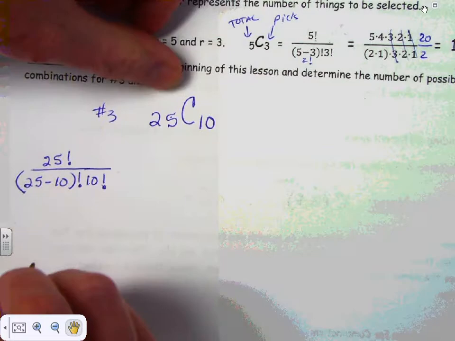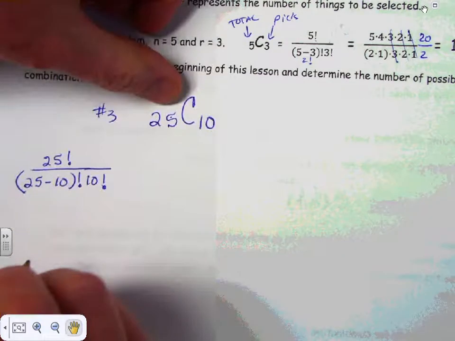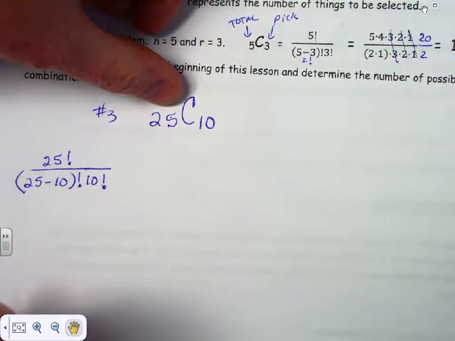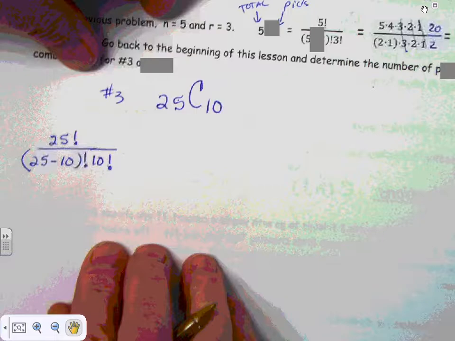Now, the C for the combination is a more complicated formula. Just remember that. So now we're going to work this out.